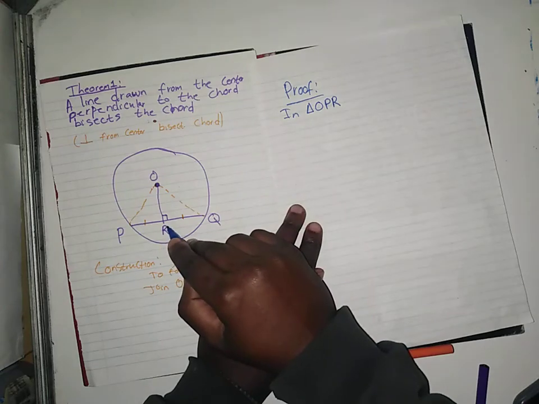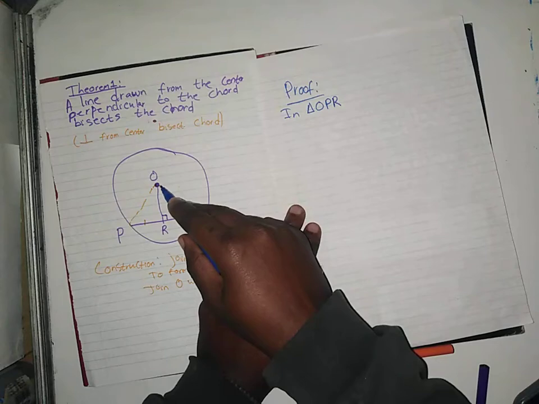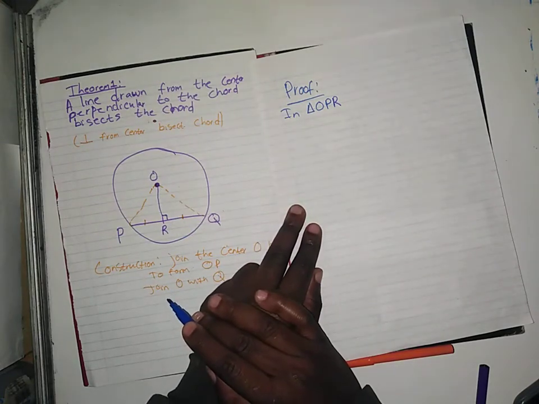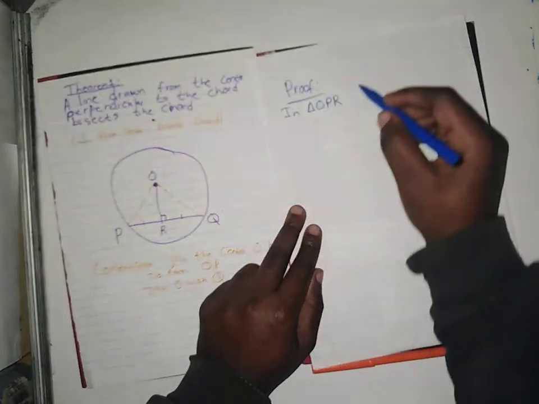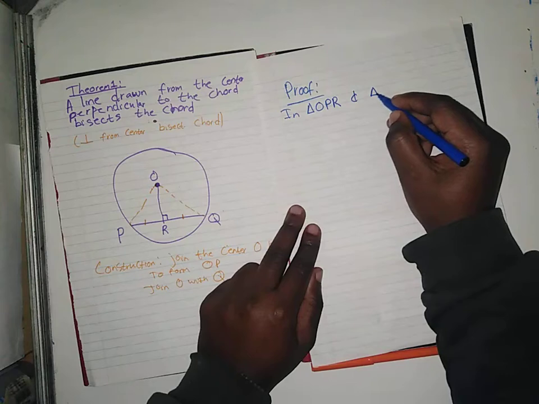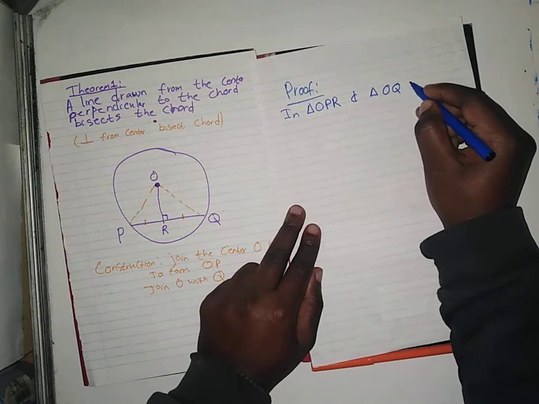Now, when you name the second triangle, make sure that you name it in a way that will also align with the other one. So in triangle OPR and triangle OQR.